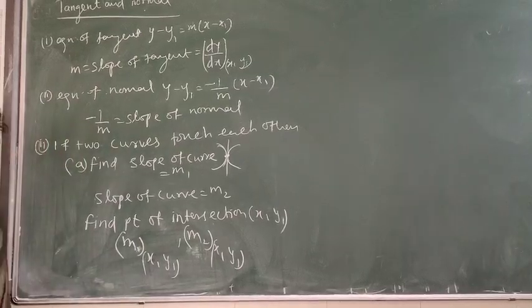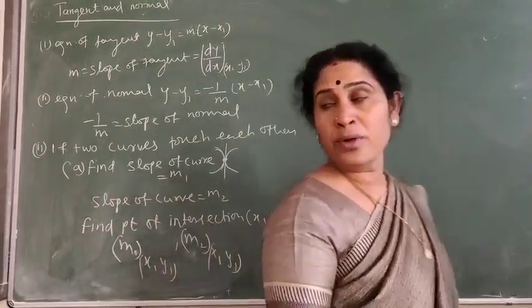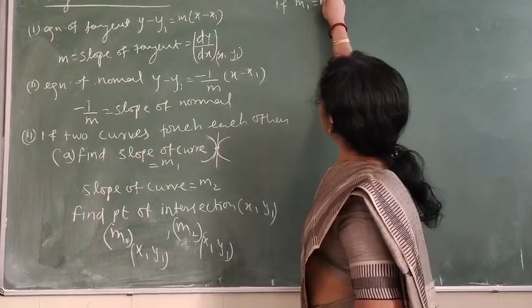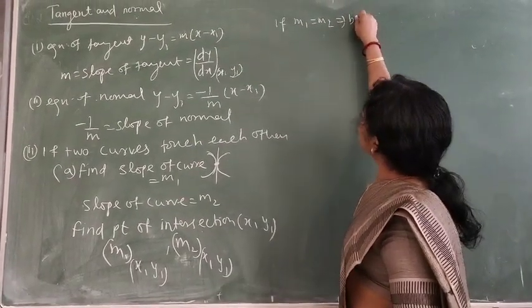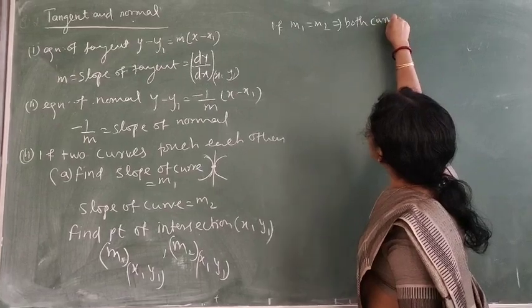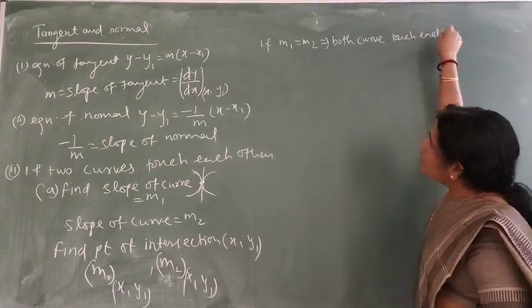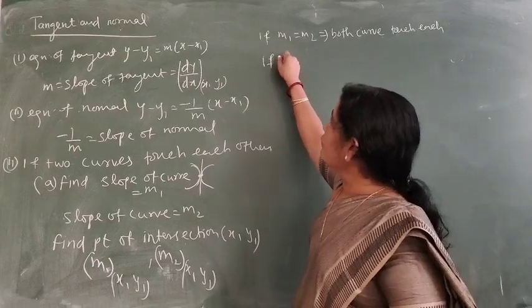If m1 equal to m2, it implies both curves touch each other.